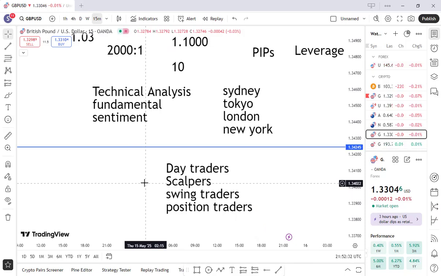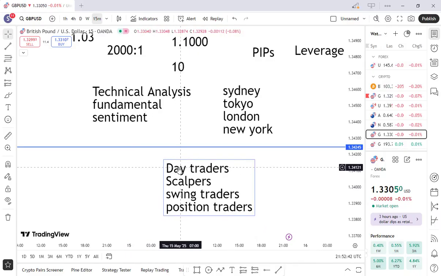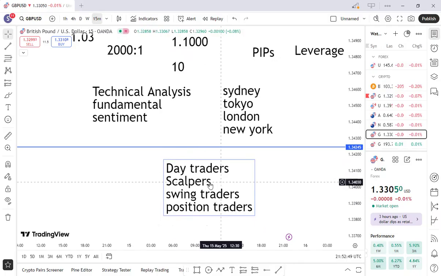So these day traders are the traders that buy and sell within a day. While scalpers are short-term traders for small profits.